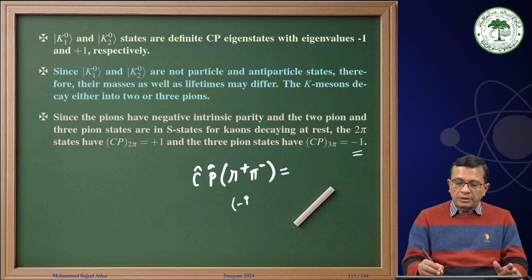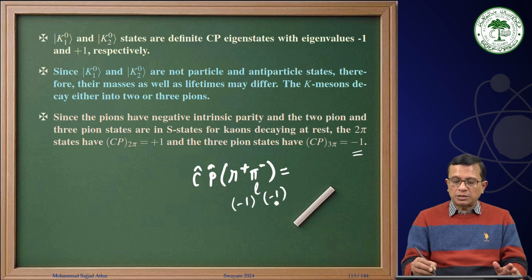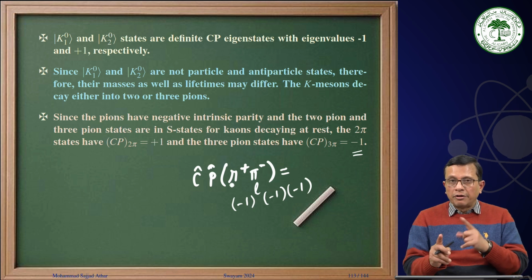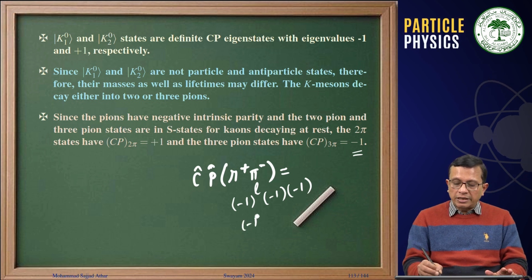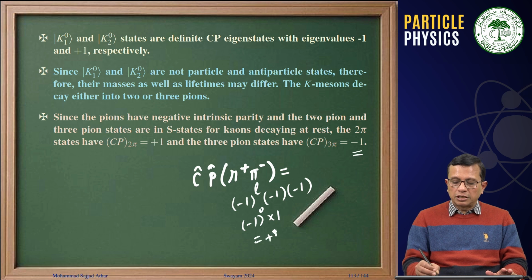Therefore, what we have is minus 1 to the power L times the parity of pion as minus 1, parity of pi minus is minus 1. This minus 1 to the power L is coming because we are interchanging pi plus by pi minus because of the C operation, and this is an S state. Therefore, this is minus 1 to the power 0 times plus 1, and this is plus 1.